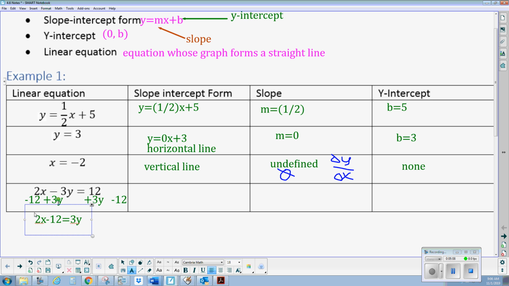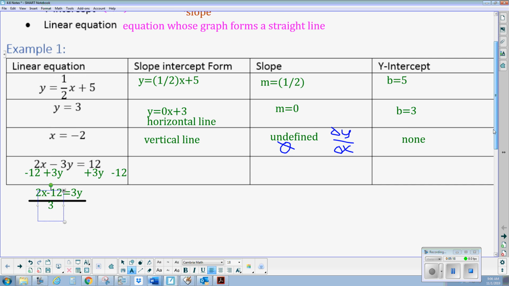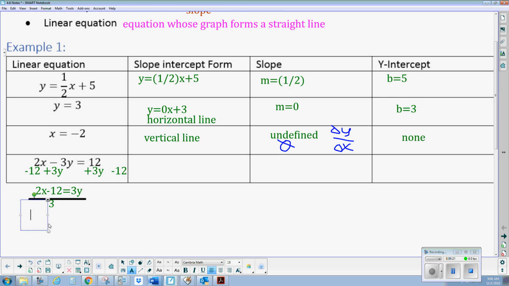equals 3y. Now I need to divide both sides by 3. And when I divide both sides by 3, remember that you have to divide each term by 3. So we get 2/3 x minus 12 divided by 3, which is 4, is equal to y.